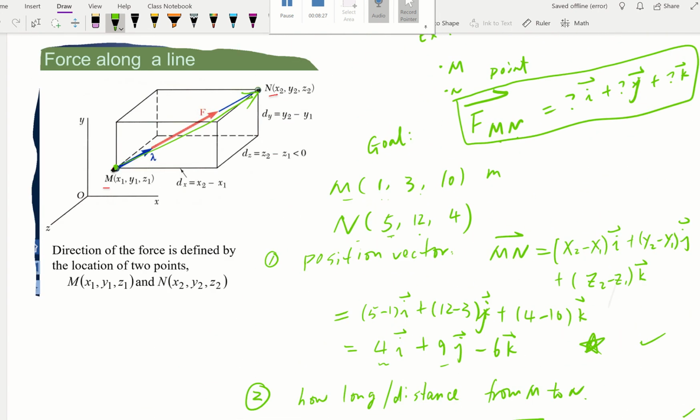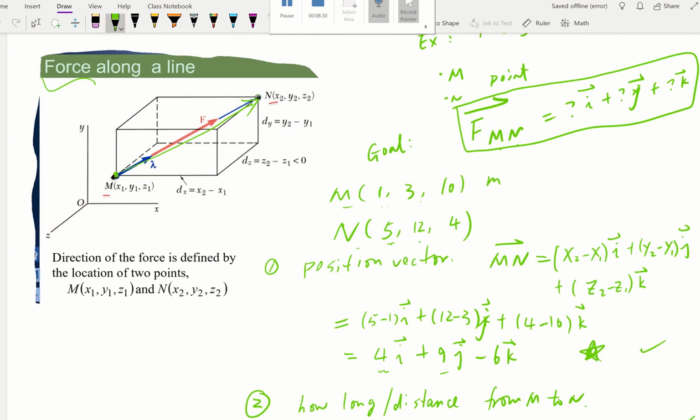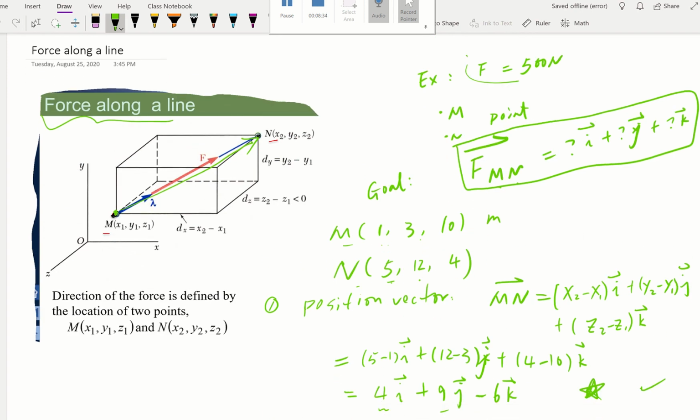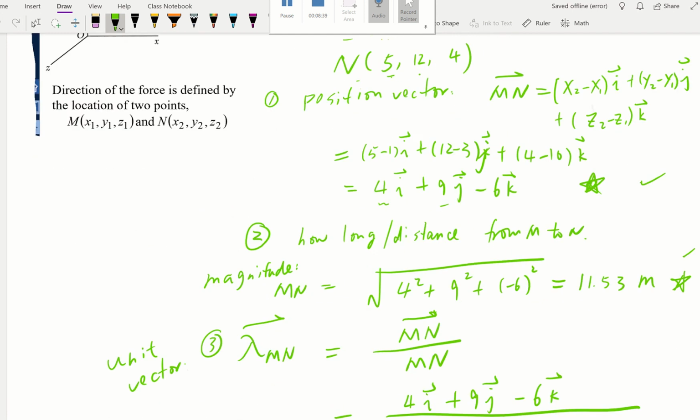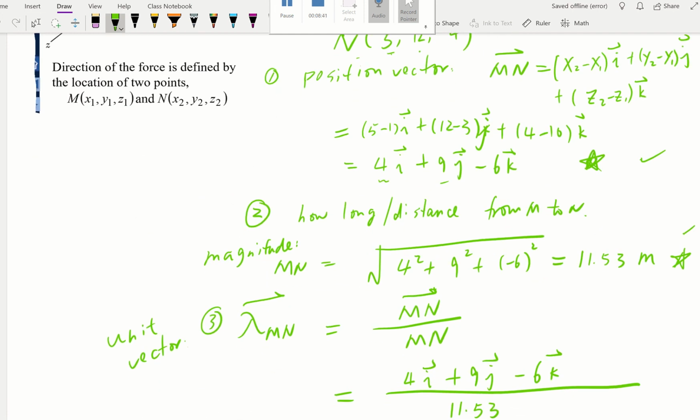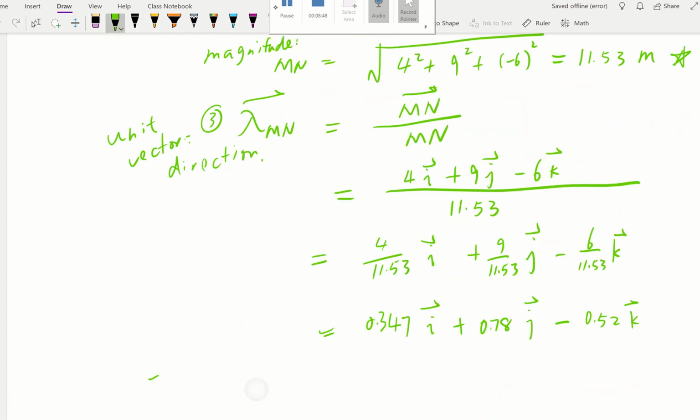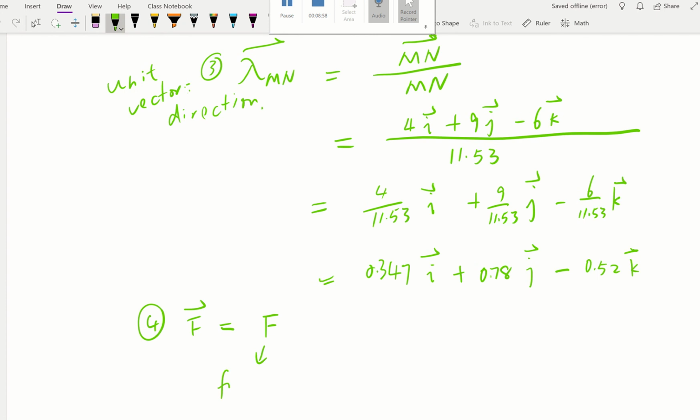Now we are almost there, right? Our goal is force along a line. The force has a magnitude, which at the very beginning is given: 500 Newton. And the force has a direction, which you already have. This unit vector gives us the direction, so at the end we just need to combine those two. So the force vector F with a hat is equal to F without a hat, our force magnitude.